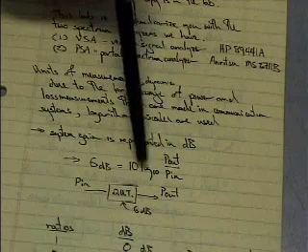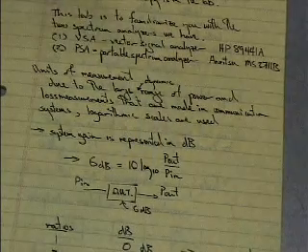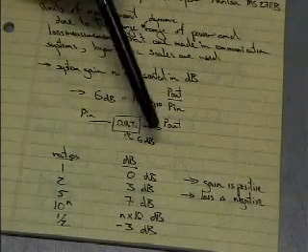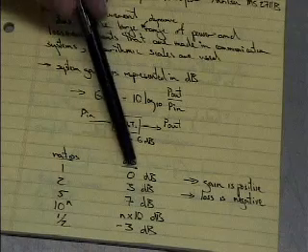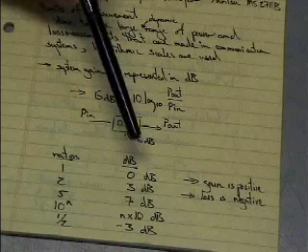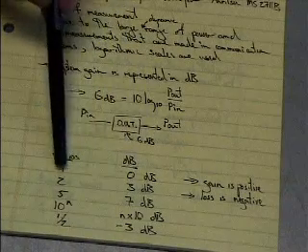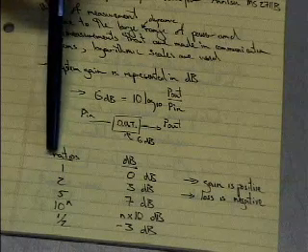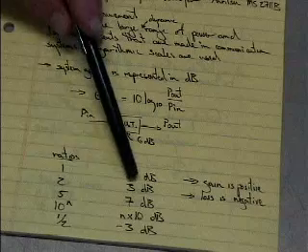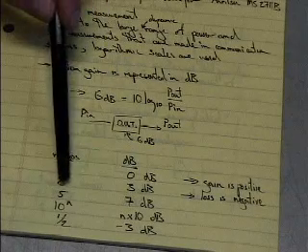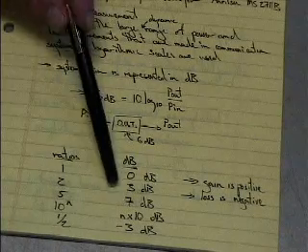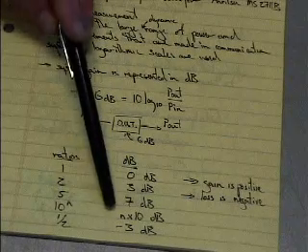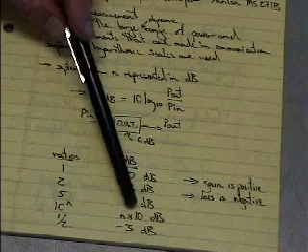If the ratio of P out to P in is 1, that gives us a 0 dB gain. There's no gain. A ratio of 2, twice the power at the output as at the input, gives a gain of 3 dB. A ratio of 5 gives us a 7 dB gain. A ratio of 10 to the n will give us n times 10 dB.